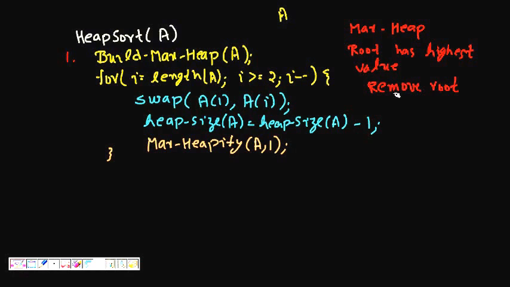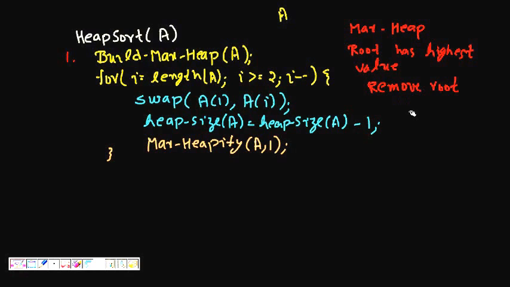Now a bubble, or void, is created at the root. So I will swap that one with the last element, and again do max heapify, so that the tree regains its max heap property. Now we will have the second highest element in the root.